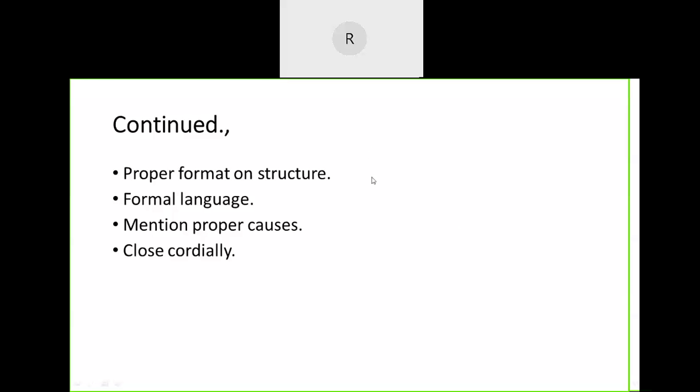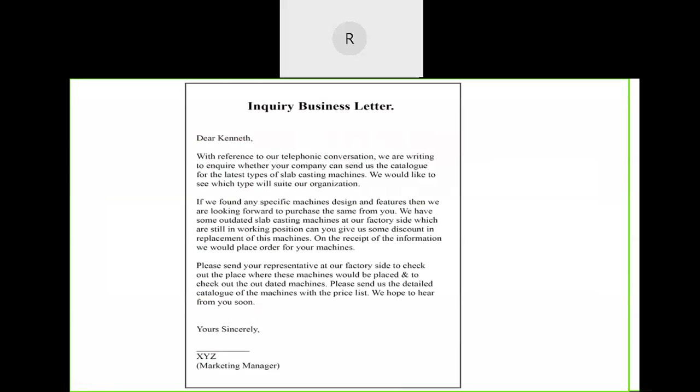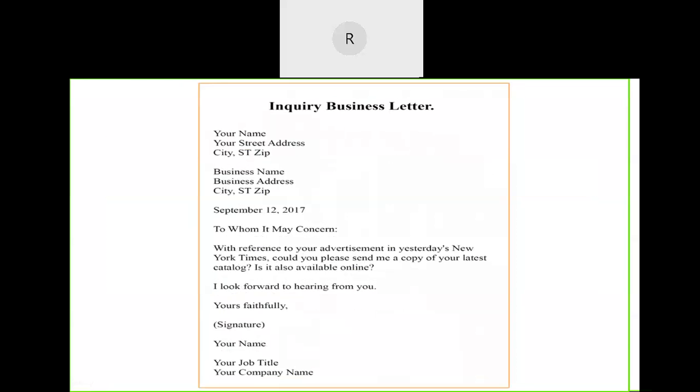Let us see the samples of inquiry letters. As I said in the features of the letter, here we have several samples. I have mentioned 3 samples in this PPT, in this session.